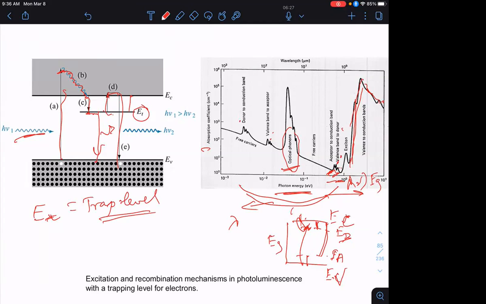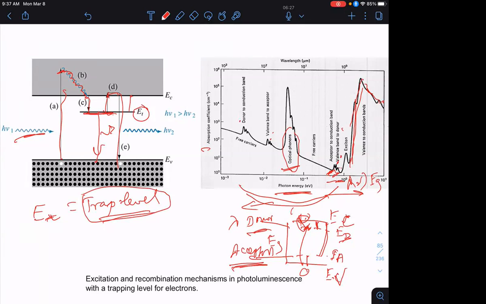Now, one example, of course, that we've already talked about are these donor or acceptor type impurities, which are introduced intentionally to create excess electrons or holes in the semiconductor, okay? But in addition to this donor and acceptor type of impurities that I engineer in, you could have other kinds of unintentional impurities or structural defects, which could introduce energy levels in the band gap. Those I call traps.